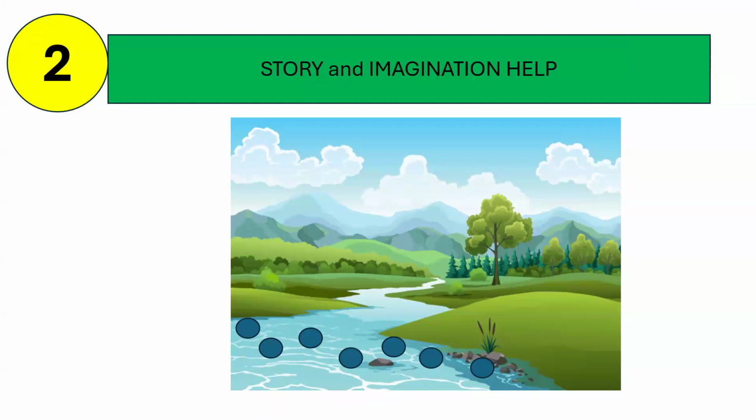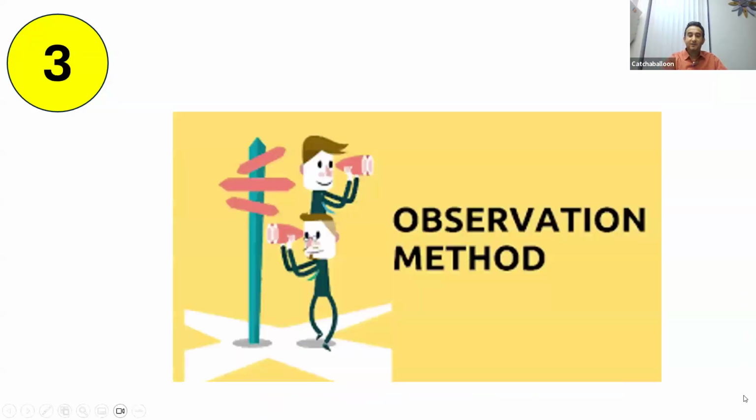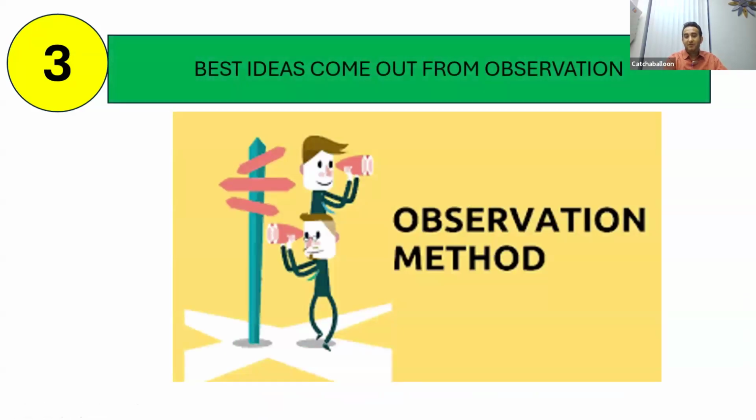Okay, so next thing is observation, the best ideas that come out of observation. The observation method is mostly a hint that is very feasible to use when you are going to personalize some specific activity idea for a child.